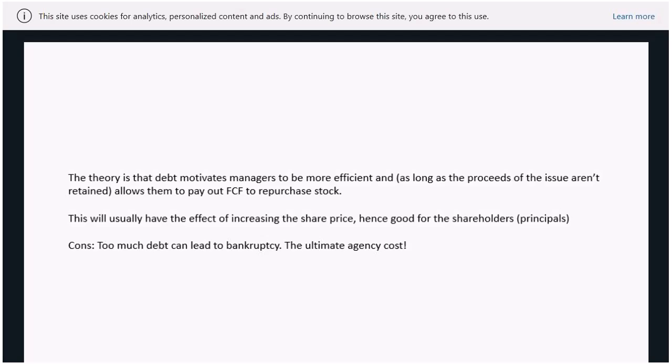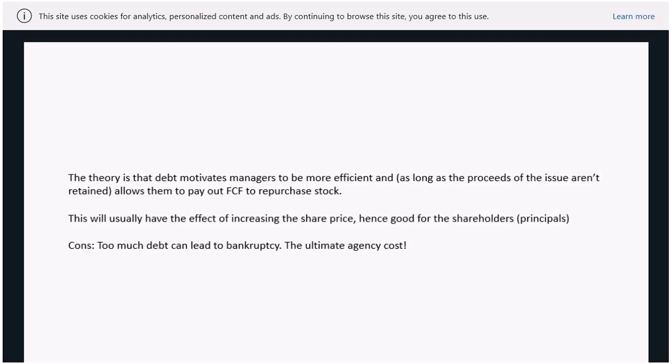But essentially, what you're doing is bringing more money into the company, which motivates the managers because debt does that apparently. I'm not quite sure how, so don't push me on that one. But what it enables them to do is to live up to their promise with respect to free cash flow, because there's more of it, and buy back some of the stock, which drives up the share price.